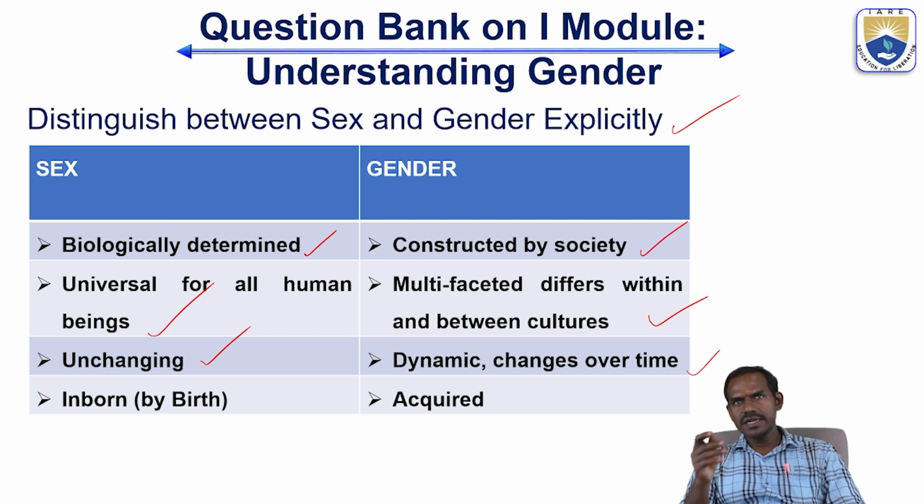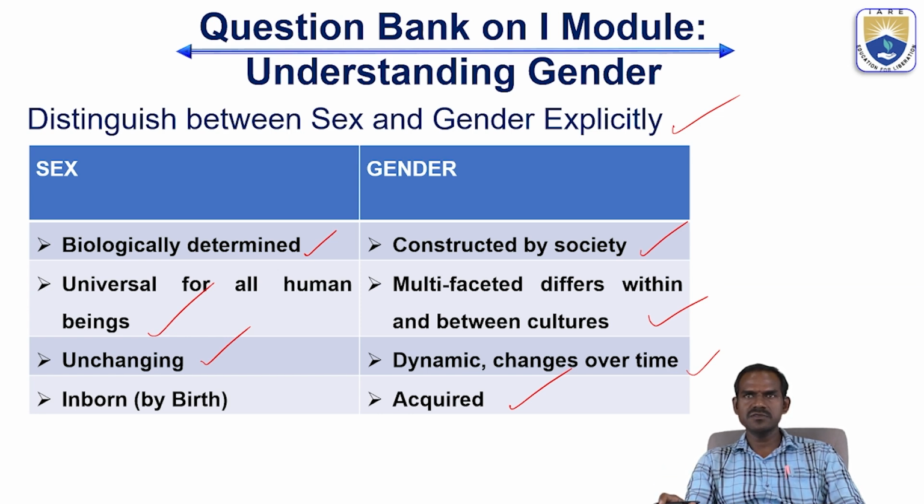And sex is inborn. By birth itself, you will get the particular sex, either male or female. Whereas gender is acquired. Gender is not inborn or by birth. Gender is acquired, which means we have to achieve it by getting fame in the society.